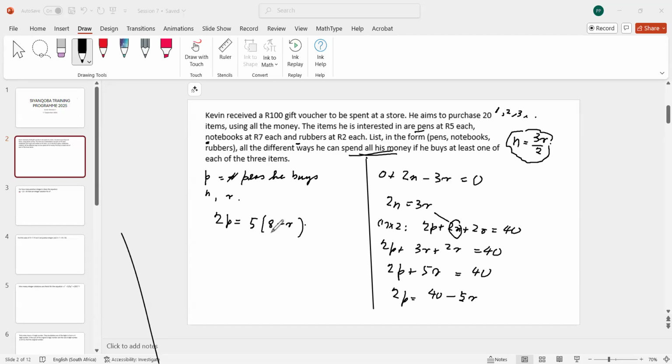This is an even number on the left-hand side, right? Because it's 2 times an integer, a natural number, a counting number, greater or equal to 1. So it's an even number. And here you've got a multiple of 5 because it's 5 times something. So in other words, this whole thing is a multiple of 5. I want to just focus on that. It means that 2p is a multiple of 5.